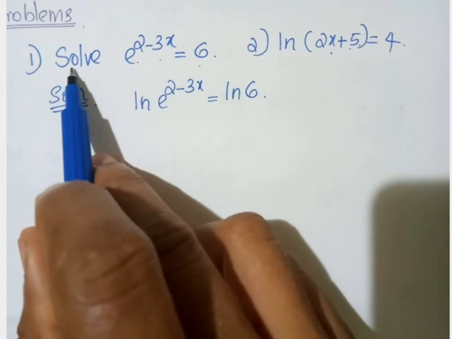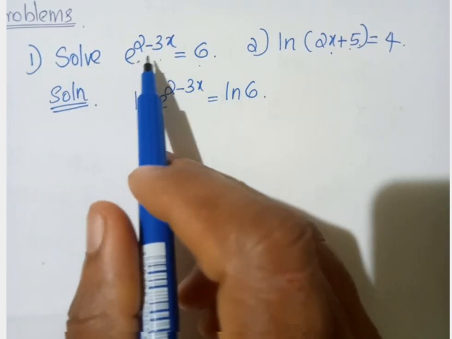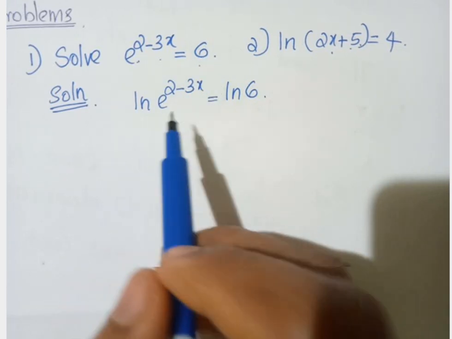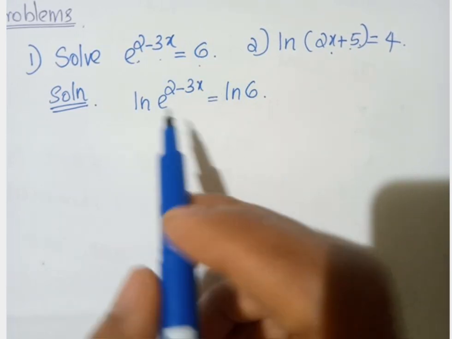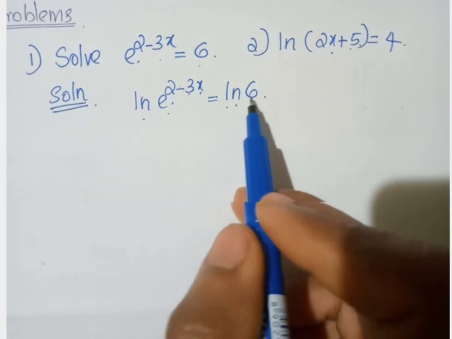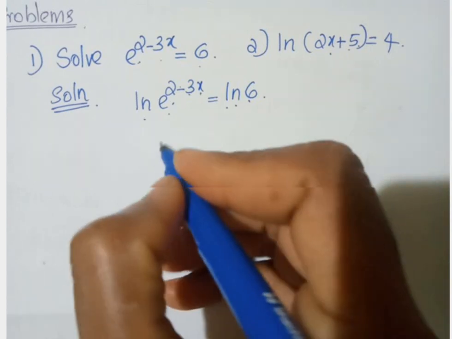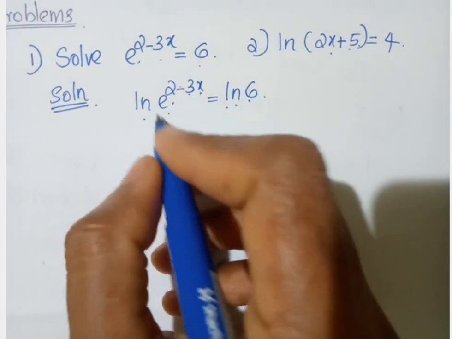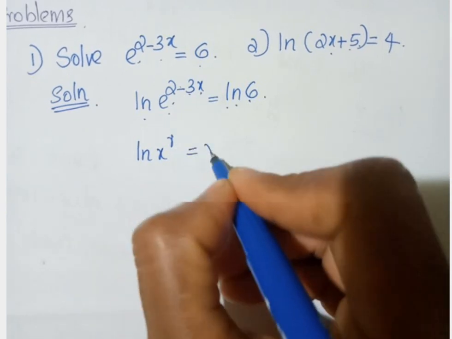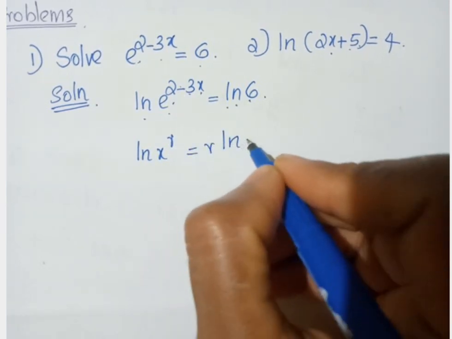So look at the first question. Solve e raised to 2 minus 3x is equal to 6. In order to solve that, taking logarithm on both sides, ln of e raised to 2 minus 3x is equal to ln 6. We know that the natural log of x raised to r is equal to r times natural log x.